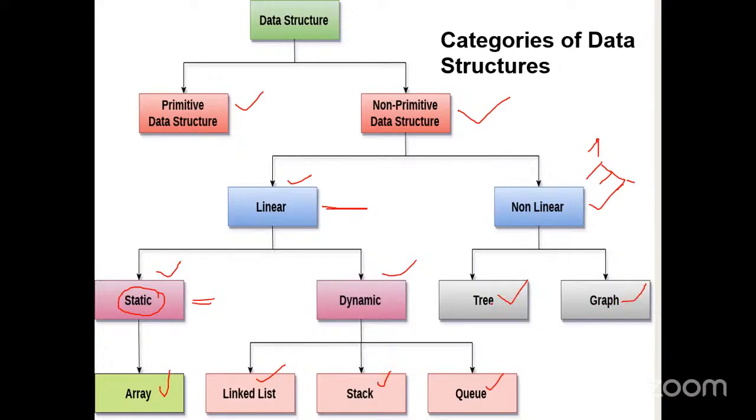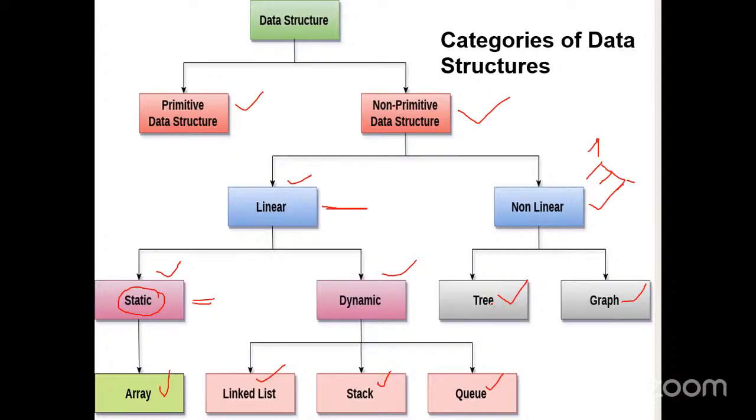These two are non-linear data structures. And finally, as a basic level, you must remember linear data structures are array, linked list, stack, queue. These are the linear data structures. Coming to the non-linear data structures, tree and graph are non-linear data structures.